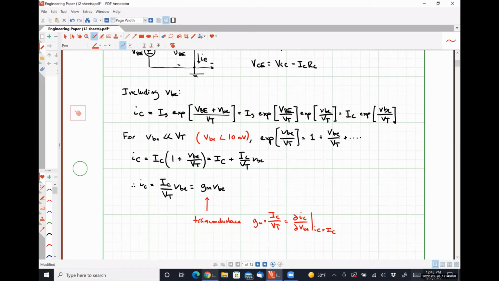The transistor in and of itself effectively behaves like a small signal transconductance amplifier, where it converts some variation in input voltage to a variation in output current.